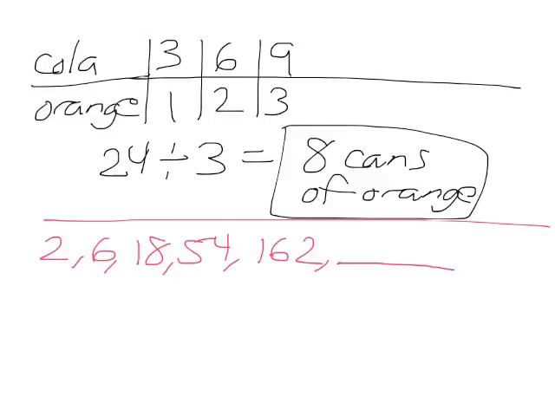I think I'm multiplying. If I multiply 2 times 3, I get 6. Let me try that with the 6. 6 times 3, that makes 18. So I'm on the right track. 18 times 3 is 54. 54 times 3 is 162. So, if I multiply 162 by 3, I should get 486. I think so.